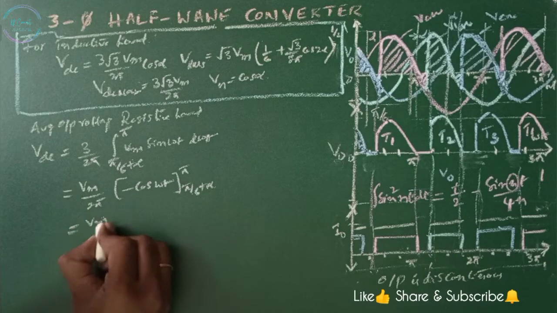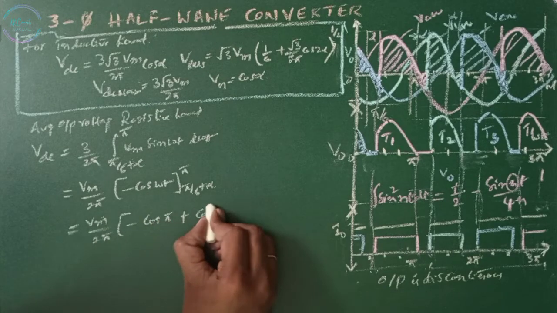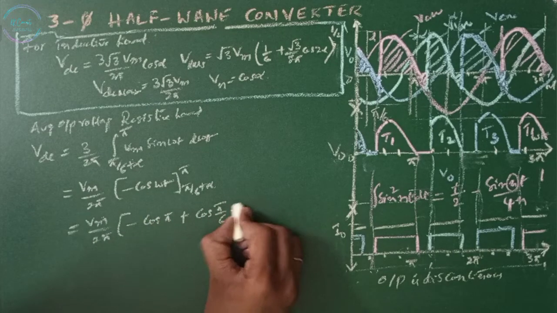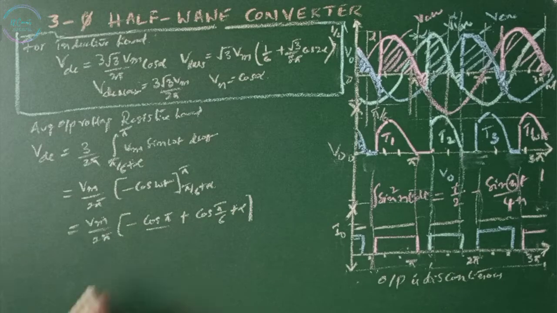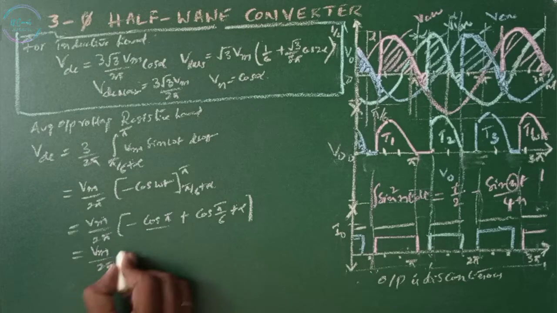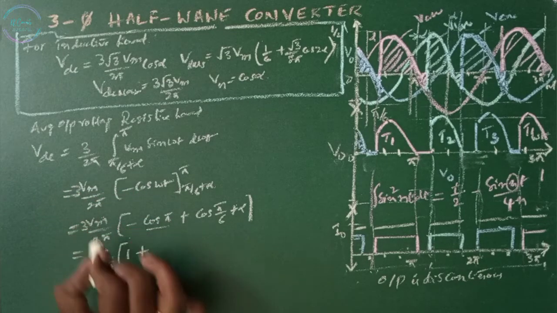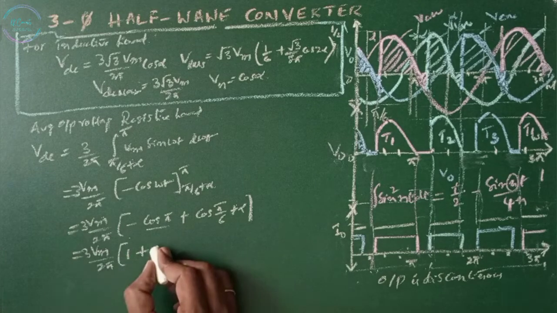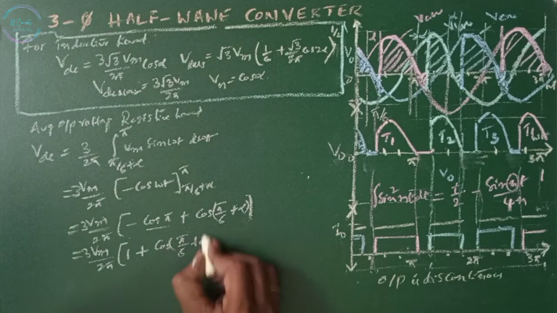Now Vm by 2 pi times minus cos pi plus cos of pi by 6 plus alpha. This is cos 180, which is minus 1. So Vm by 2 pi times 1 plus cos, sorry, 3 is missing here. 3 Vm by 2 pi times 1 plus cos of pi by 6 plus alpha.